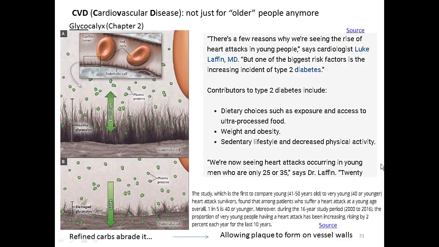And these are some of the reasons, and the source is up here if you want the Cleveland Clinic, cardiovascular clinic. And this goes right back to what we were saying with METs. So dietary choices, such as exposure and access to ultra-processed food. And the ultra-processed food trifecta is flour, which is refined carbs, starches that turn to sugar quickly.